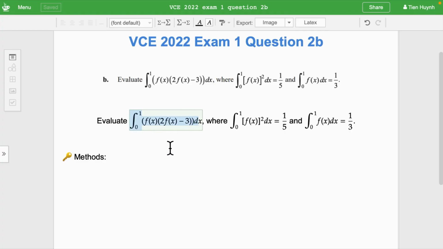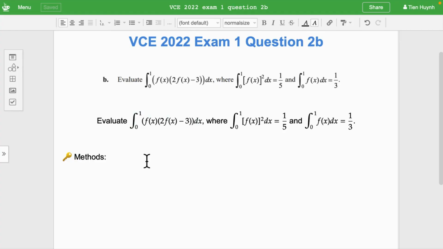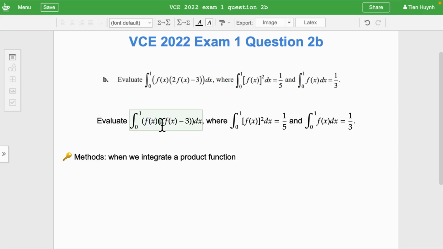Now, one more thing we need to understand in Methods is that when we integrate a product function, why do I say that it is a product function? Because in this case we have f(x) multiplied with another function.